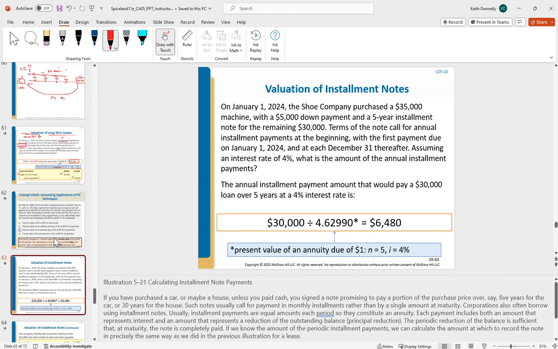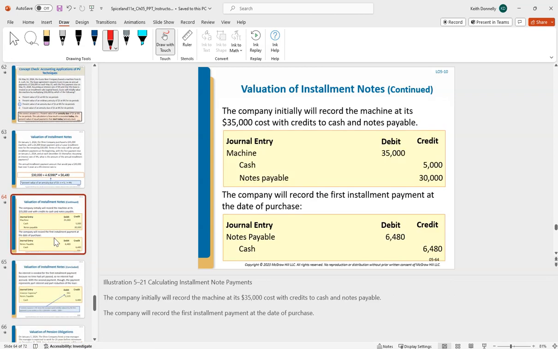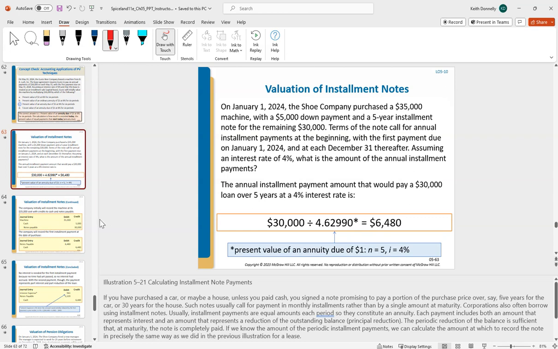They talk a little bit about the valuation of installment notes. If we look at this quickly just to get through here because we're running out of time. I don't like these being more than 45 minutes. It says on January 1st, the shoe company purchased a $35,000 machine. So they paid 35 grand. That's the sales price.